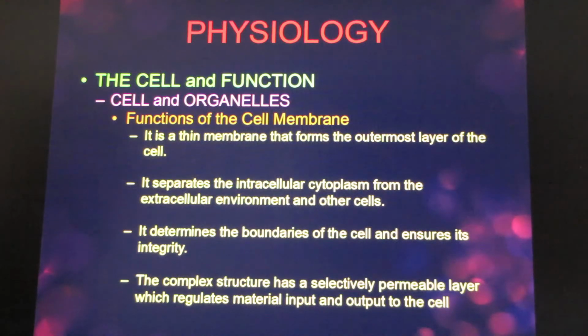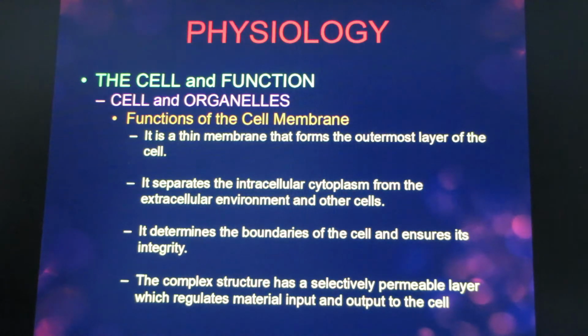That was the structure of the cell membrane, and when we look at the functions of the cell membrane, it is a thin membrane that forms the outermost layer of the cell. It separates the intracellular cytoplasm from the extracellular environment and other cells.